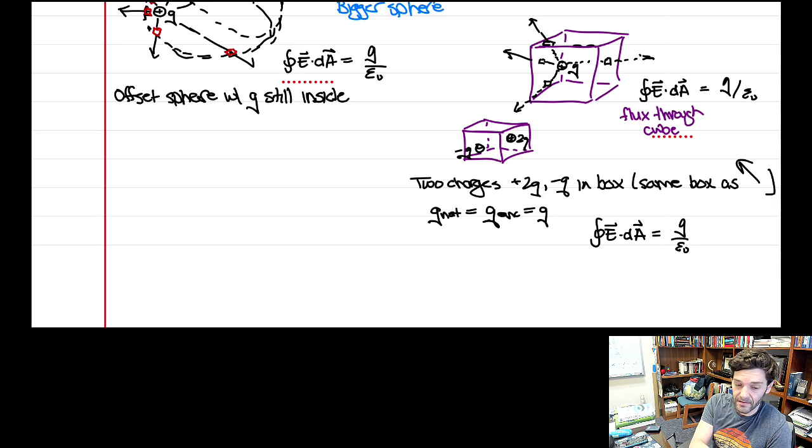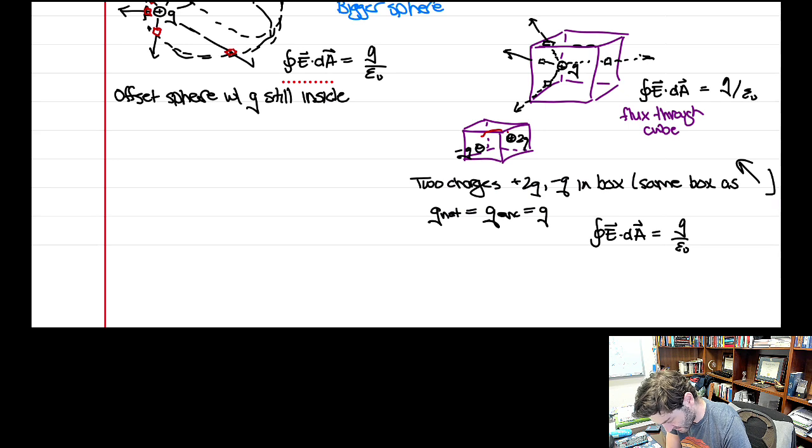Even though that is a vastly, dramatically different looking electric field compared to when it was just a single point charge. You know, this is some sort of dipole, an offset dipole. So you imagine field lines.